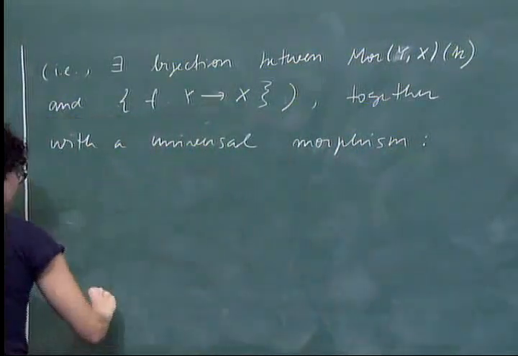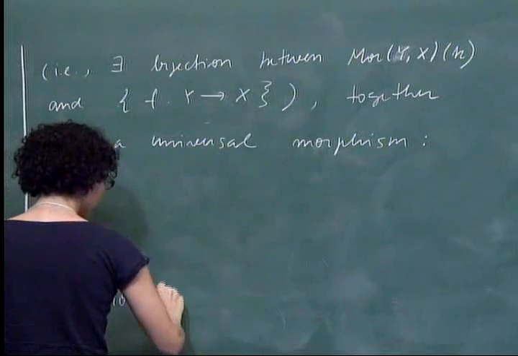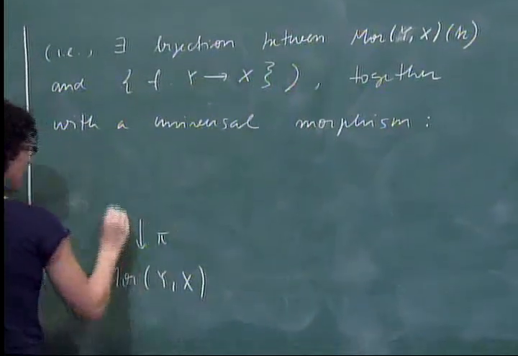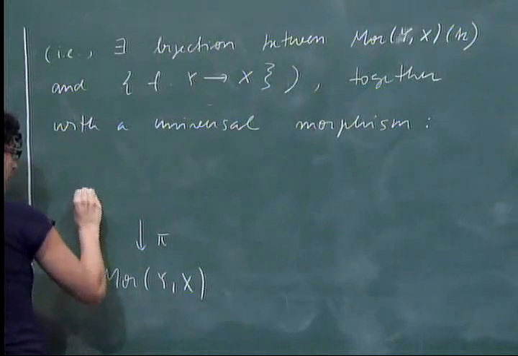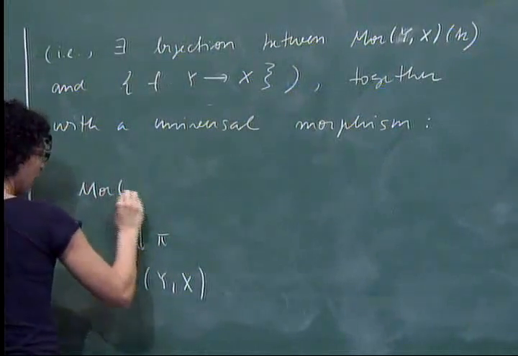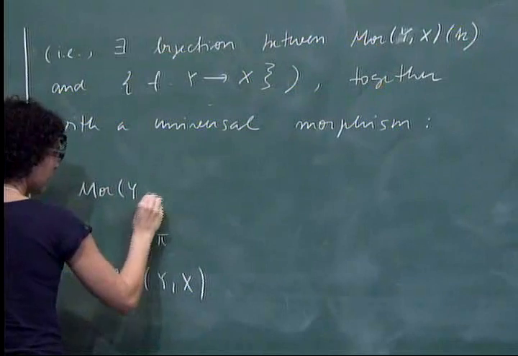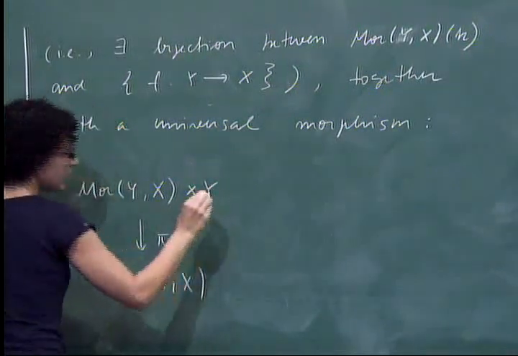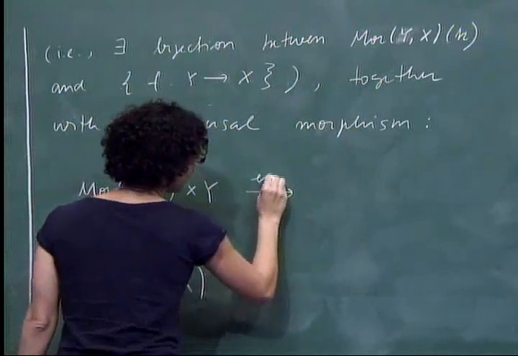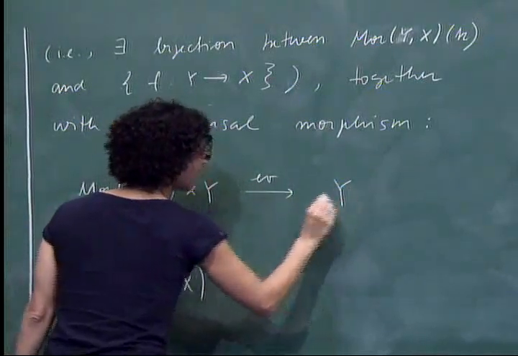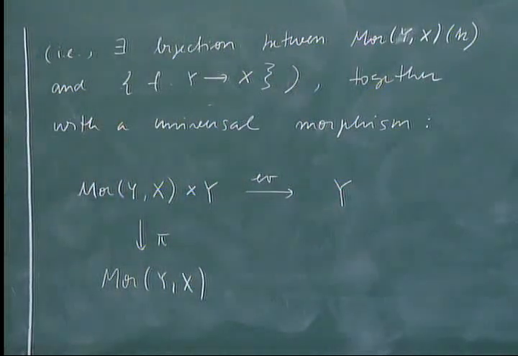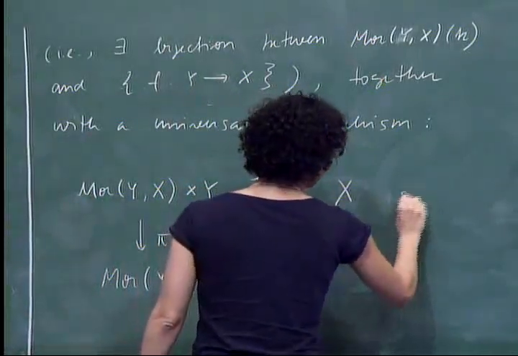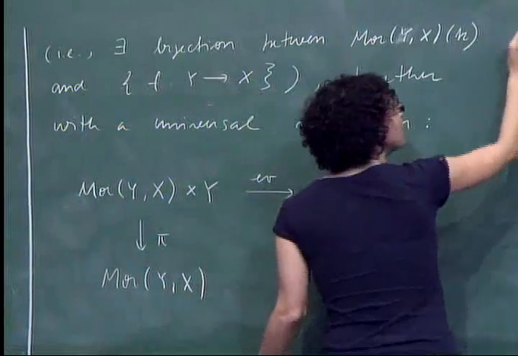So we have this scheme Mor from Y to X, and above it we have a universal family for this, and an evaluation morphism to X, such that the following holds.